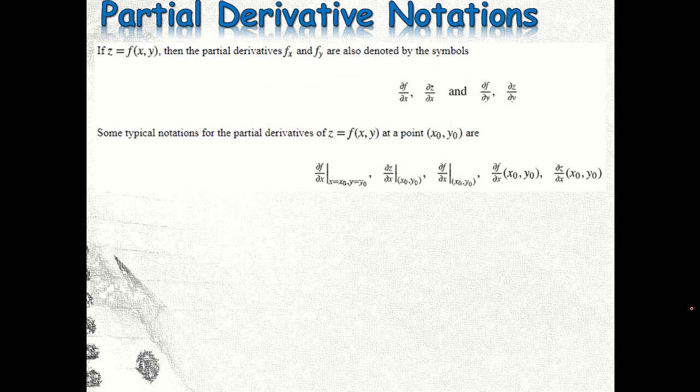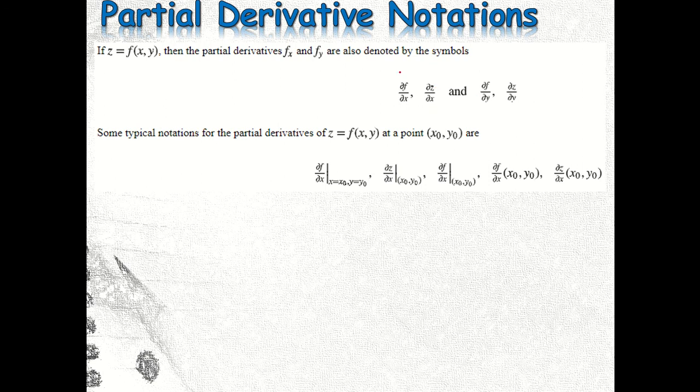But before we go to that, let us have this principle first. Here we have the partial derivative notations. If z is a function of x and y, then the partial derivatives represented by the notation f sub x and f sub y are also denoted by the following symbols. These are the same as the partial derivative of f with respect to x, or the partial derivative of z with respect to x.